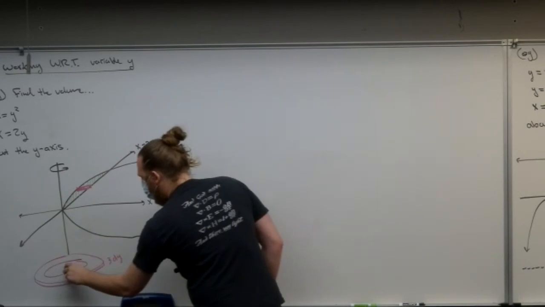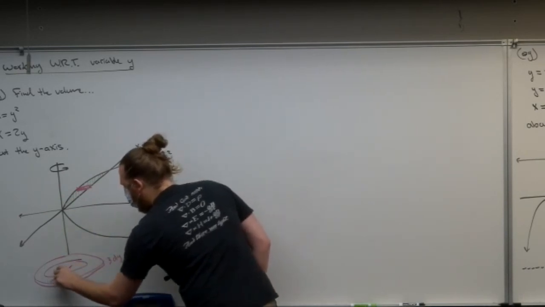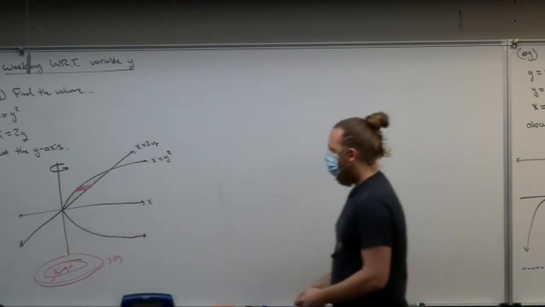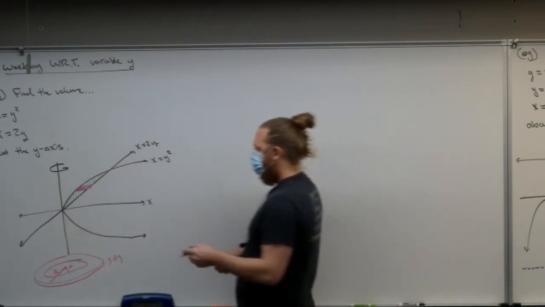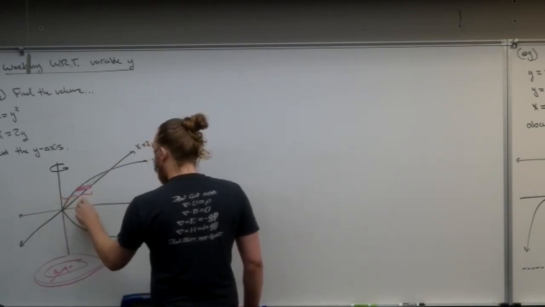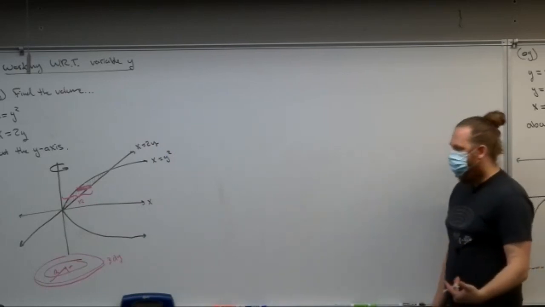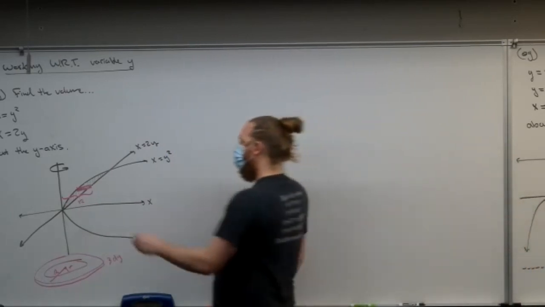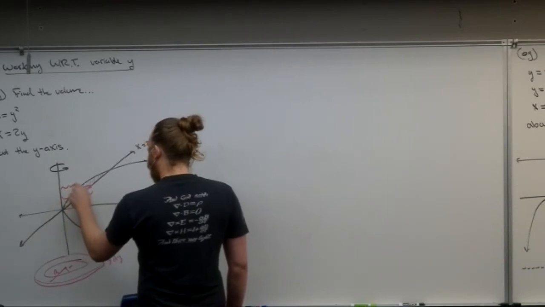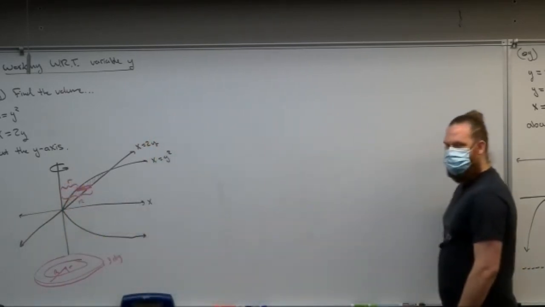This is a dy thickness, still has a little inner radius and a bigger outer radius. I can label those here. Bigger outer radius is still the distance from the far end of the strip to the axis of rotation. Little inner radius is still the distance from the near end of the strip to the axis of rotation.